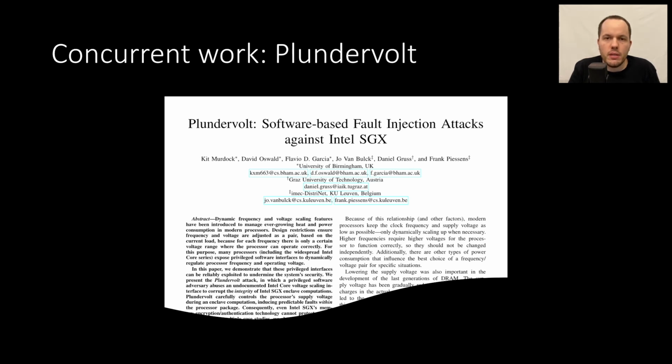We suspect that the faults that we discover in the vector instructions are actually the root cause for the faults that they describe in the AES instructions. While we focus on desktop processors, the Plundervolt paper focuses on laptop processors. Finally, they do not analyze the effect of stressors while running undervolted code.